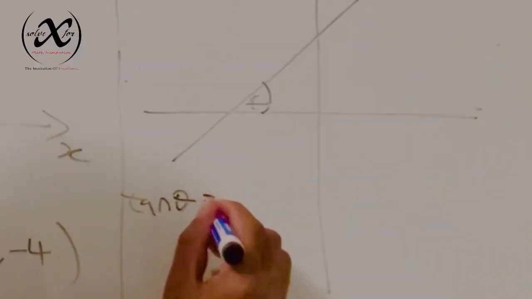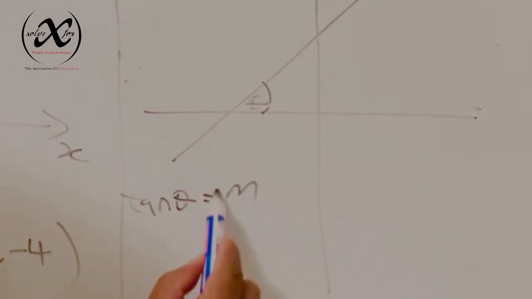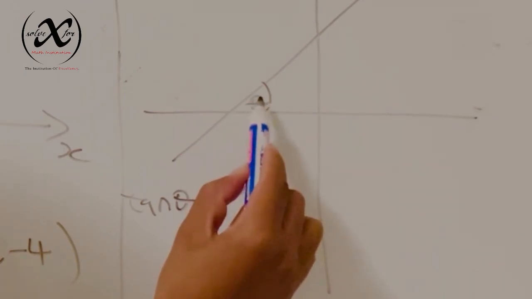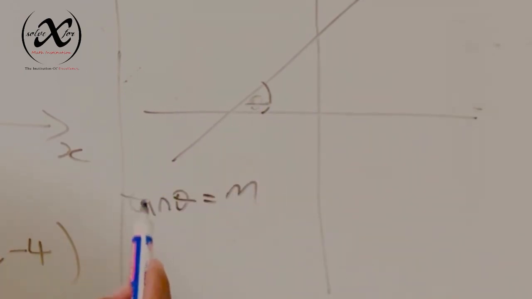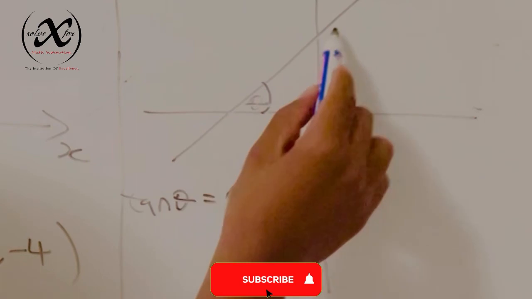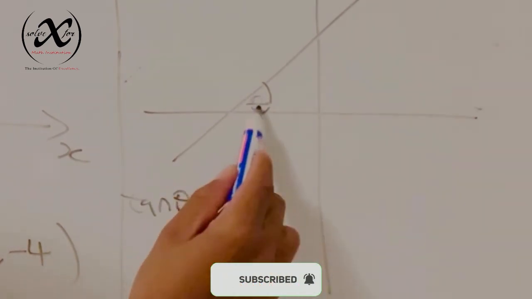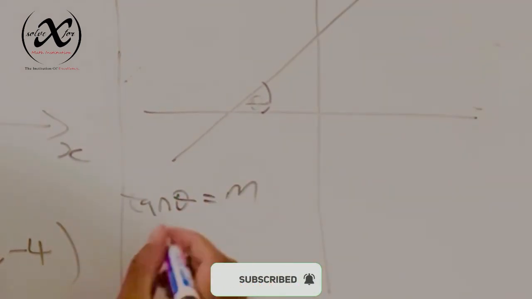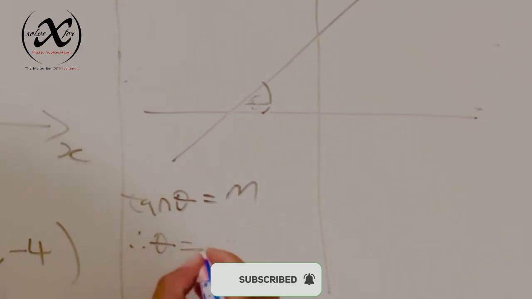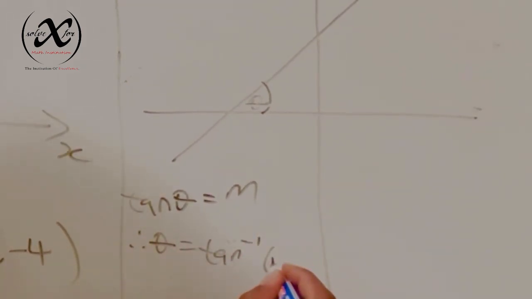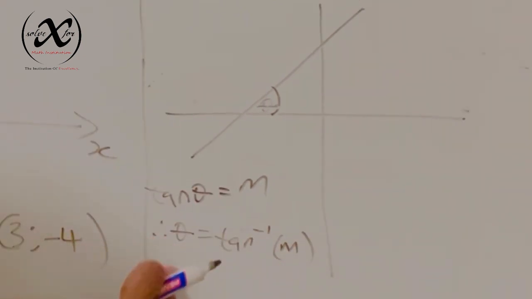Tan theta equals m. This is how you get the gradient when you are only given the angle of inclination. But if you are given the gradient of this line and you don't know theta, then tan theta equals m, therefore theta equals tan inverse of m. Then you punch this in and you will have your theta.